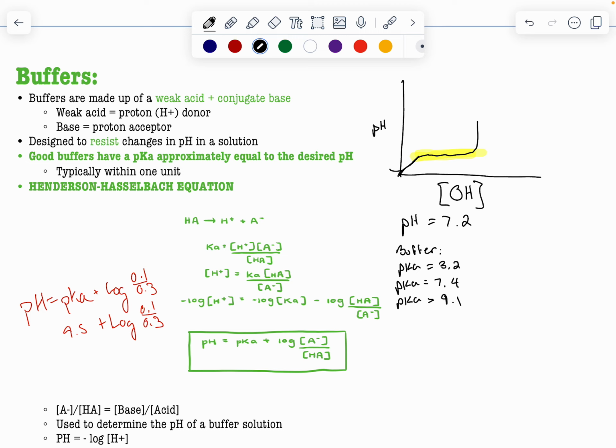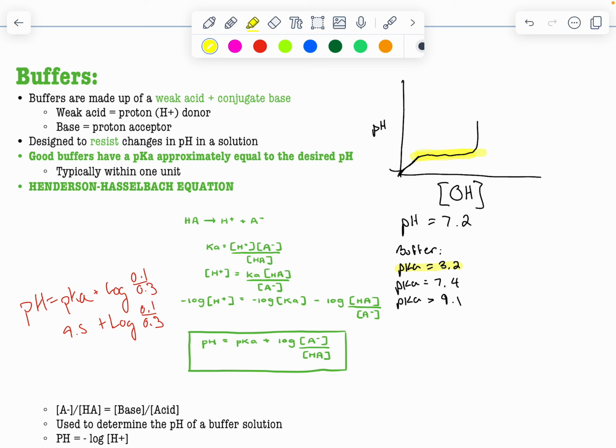So we have a list of 3 different buffers that we can add to the solution with a pH of 7.2, and we're trying to find the best buffer that will operate at its highest efficiency within a solution. We're not going to put a buffer with a pKa of 3.2 in that solution because, again, pKa is very similar to pH when referring to acids. So if we throw a buffer of 3.2 in there, the pH is already way too basic and way too high for that buffer to operate efficiently.